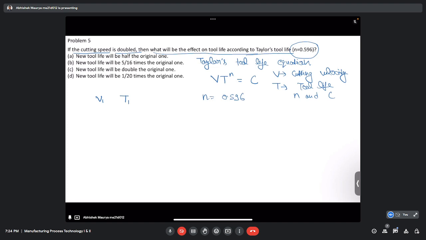If we want to write Taylor's equation for the initial cutting velocity, we will write v1 t1 to the power n is equals to c.